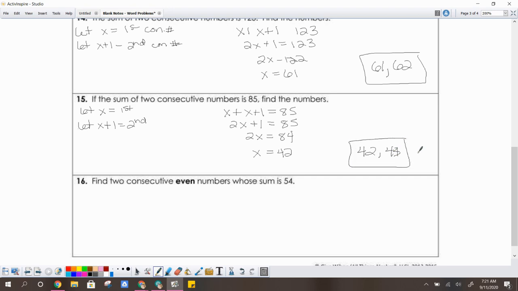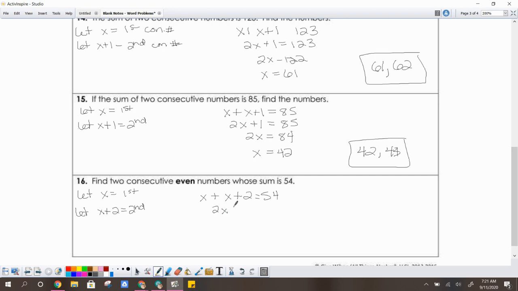All right, so number 16 says find two consecutive even numbers whose sum is 54. So our first number is going to be x, and since we're looking for even, the next number would be two numbers away this time. So x plus 2 would be our second number. So exact same process as before, x plus, this time it's x plus 2 equals 54.